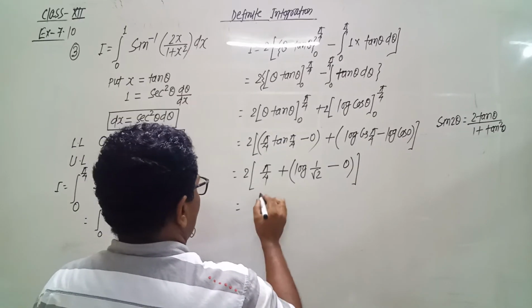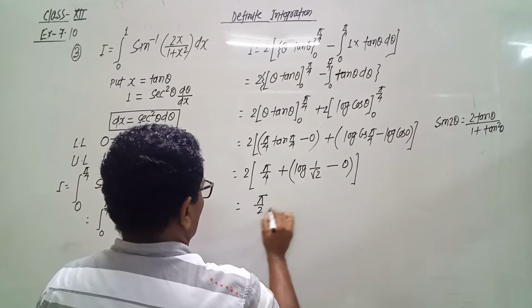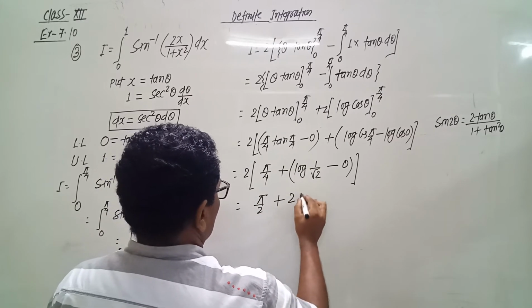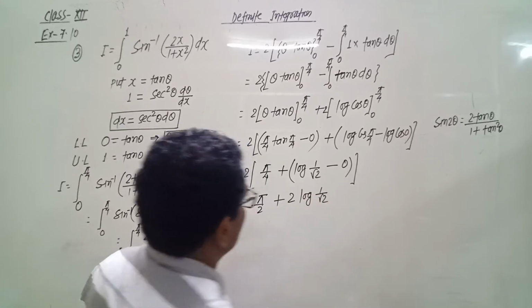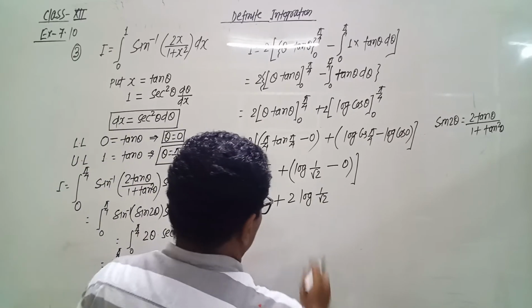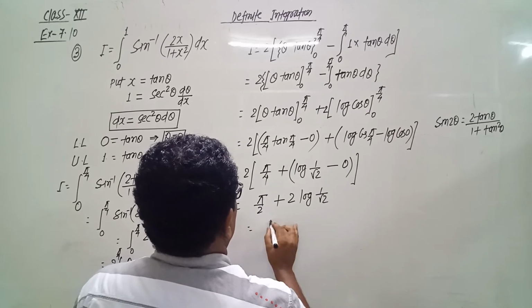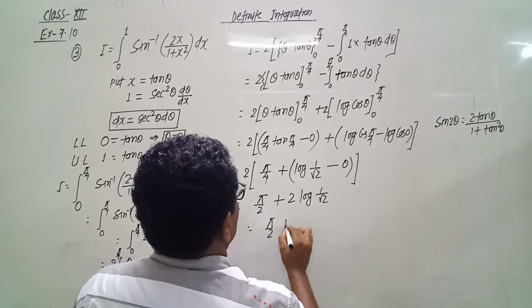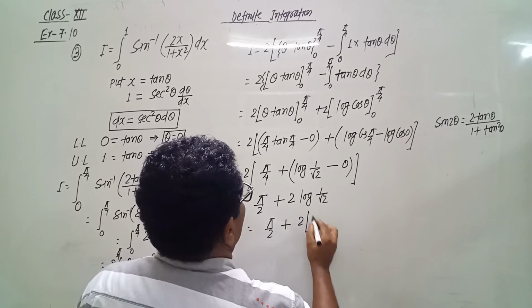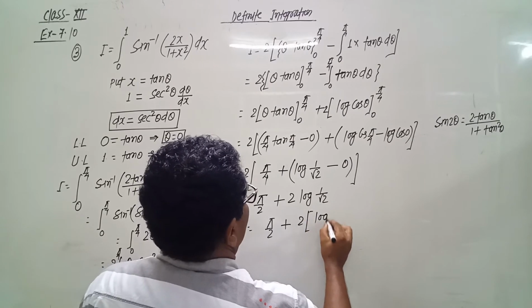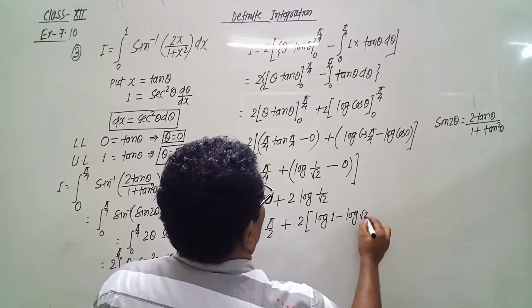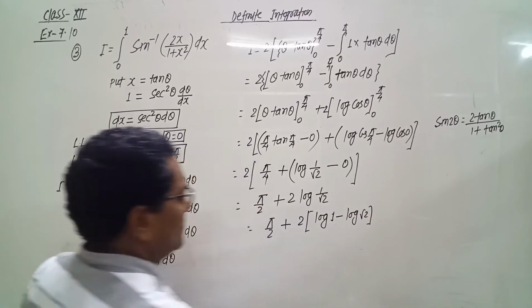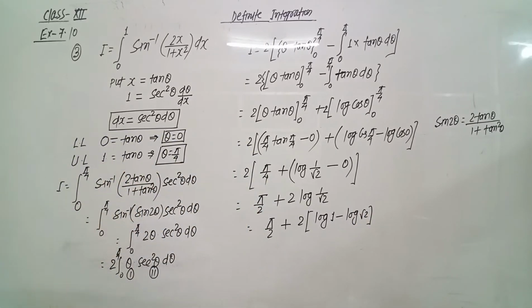Now multiplied by 2, we get pi by 2 plus 2 log 1 by root 2. Now this will be expanded. So pi by 2 plus 2, and log 1 by root 2 is written as log 1 minus log root 2. And we know the value of log 1: log 1 is 0.